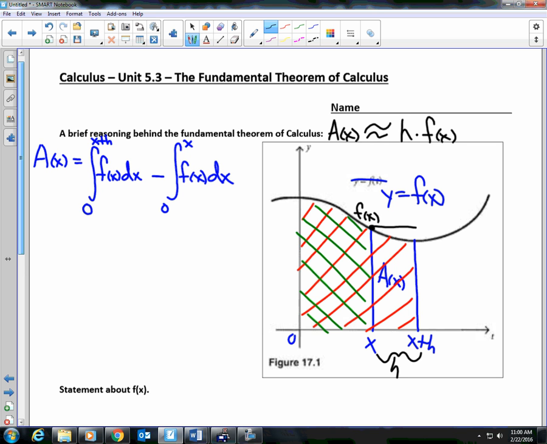And as I move h closer to 0, those two are going to become the same eventually, right? So therefore, I can replace this A of x with h times f of x is equal to the integral from 0 to x plus h of f of x dx minus the integral from 0 to x of f of x dx.